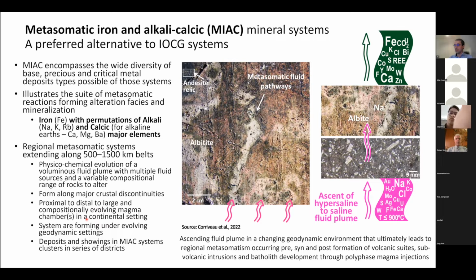Things are not set in time, and the dynamic is evolving, and so could the metal assemblages, as the fluid plume is compositionally evolving as well, as it's reacting with a lot of host rock as it moves through the crust. And then deposits in these systems will tend to cluster in a series of districts. So there are often going to be clusters of deposits showing within these mineral systems.